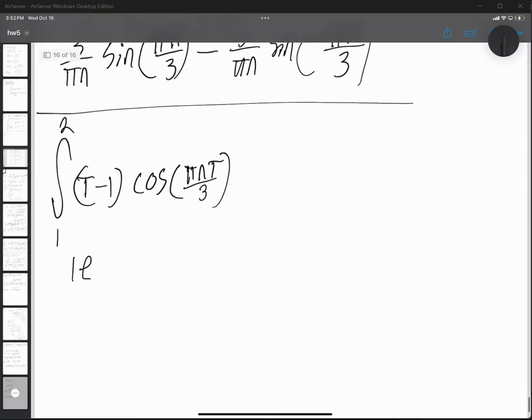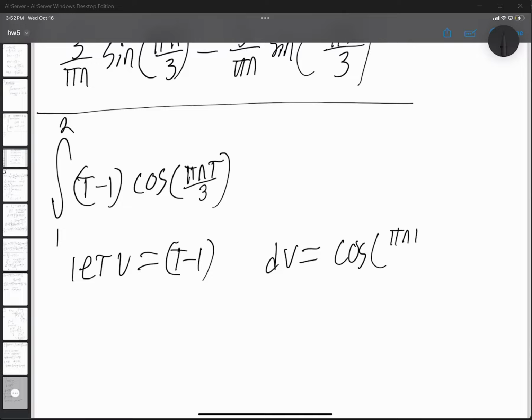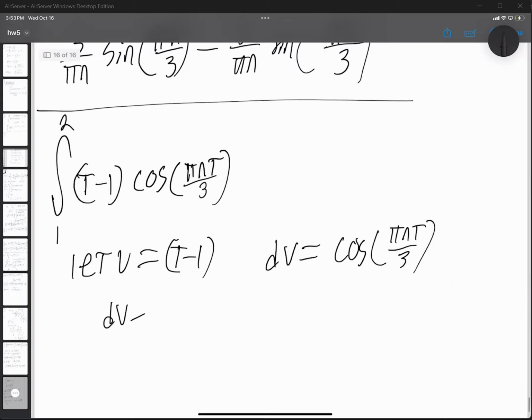So we're going to let u equal t minus 1 and dv the cosine term. du is equal to dt. v is going to be equal to 3 over pi n sine of pi n t over 3.